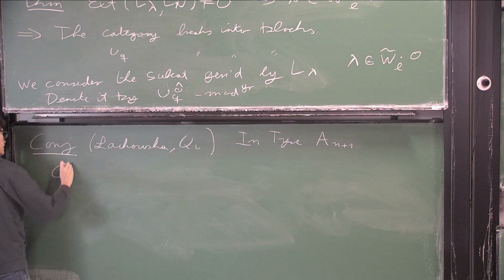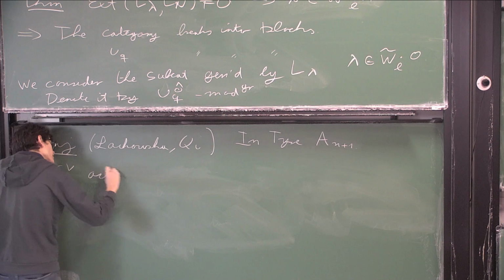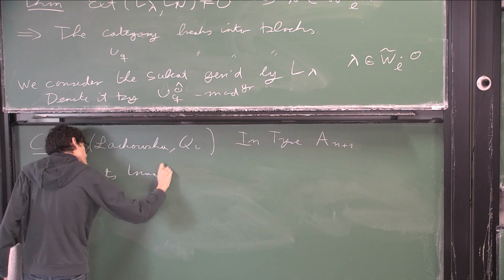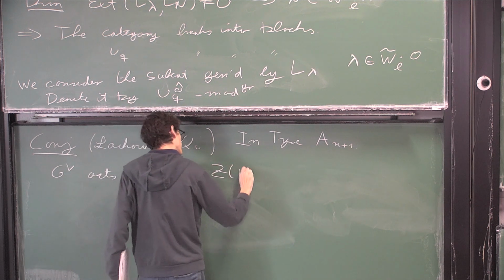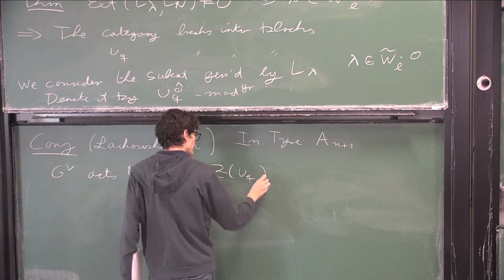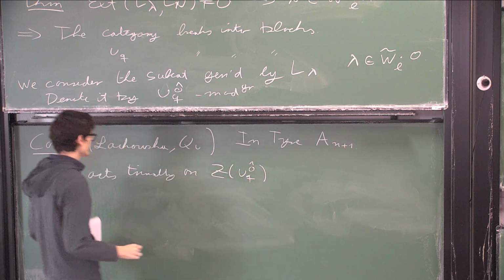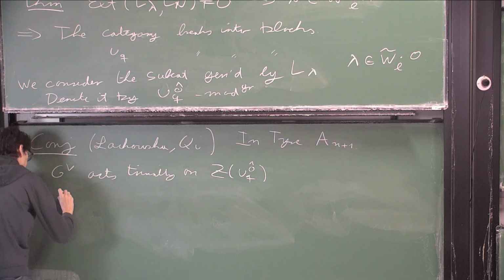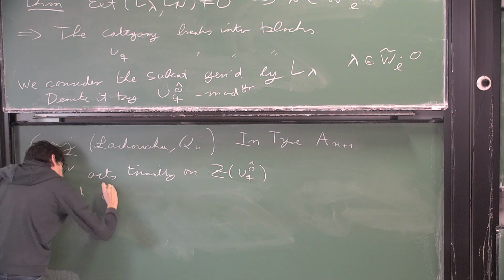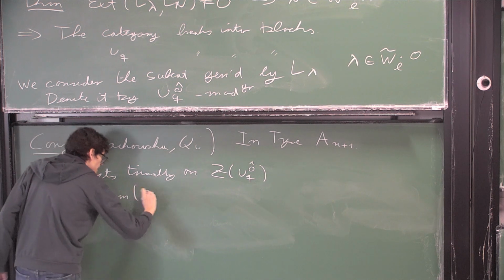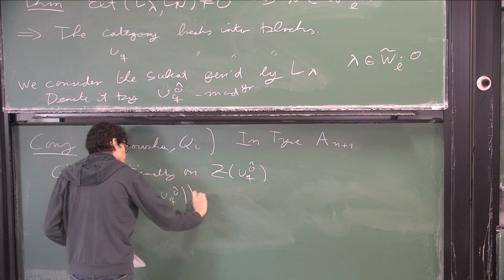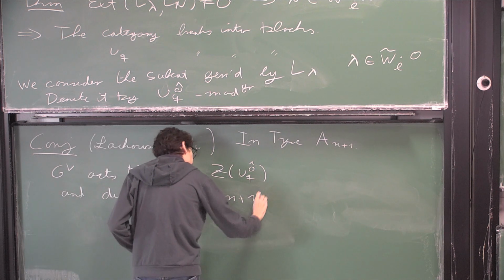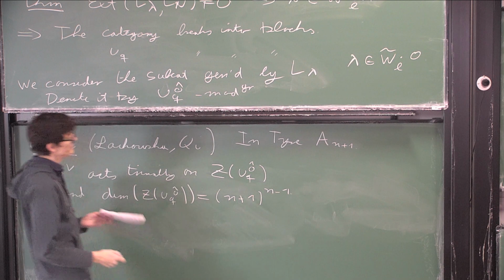G acts trivially on the center UQ0 hat, and the dimension of U0 hat is n plus 1 to the n minus 1.